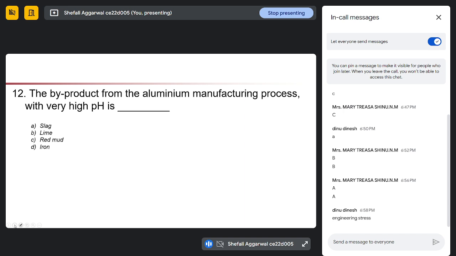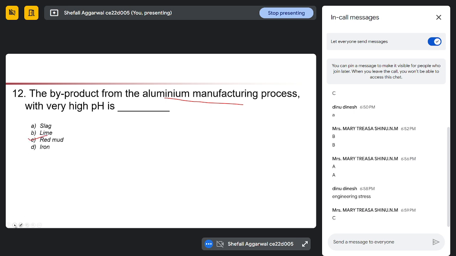The next question is, the byproduct from the aluminium manufacturing process with a very high pH is called slag, lime, red mud, or iron. We have seen this in the initial topic itself. The byproduct we get from the aluminium manufacturing process is called red mud.